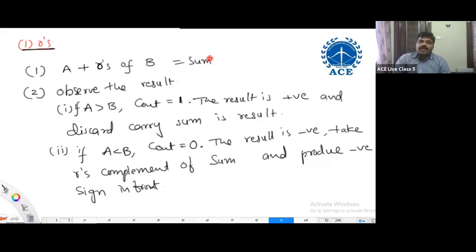If final carry is not there, result is negative. So if result is positive, whatever is there in sum, that is the difference. If final carry is not there, that means the final carry is 0, then result is negative. To get the actual result, take R's complement of sum and use a negative sign in front.